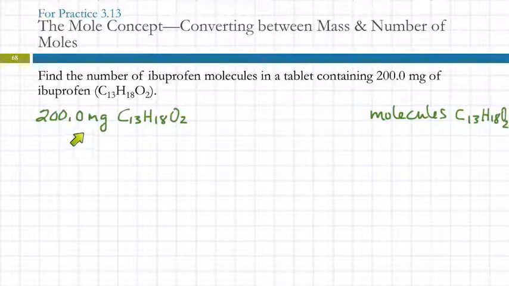So we have to figure out how to get from here to there. Moles in the middle. If you're like, I'm not sure where to go, try moles. See if moles helps you out. If I had moles in here somewhere, could I convert moles of ibuprofen to molecules of ibuprofen? Yeah, that's Avogadro's number. So I could put moles in here.